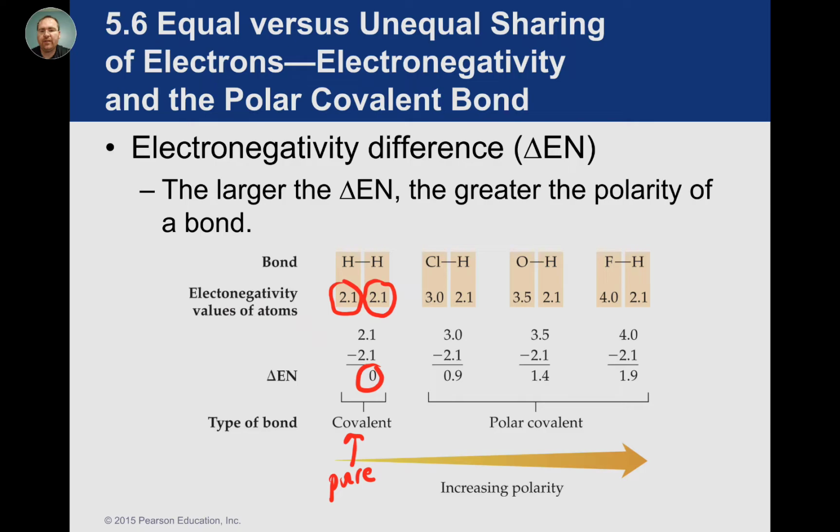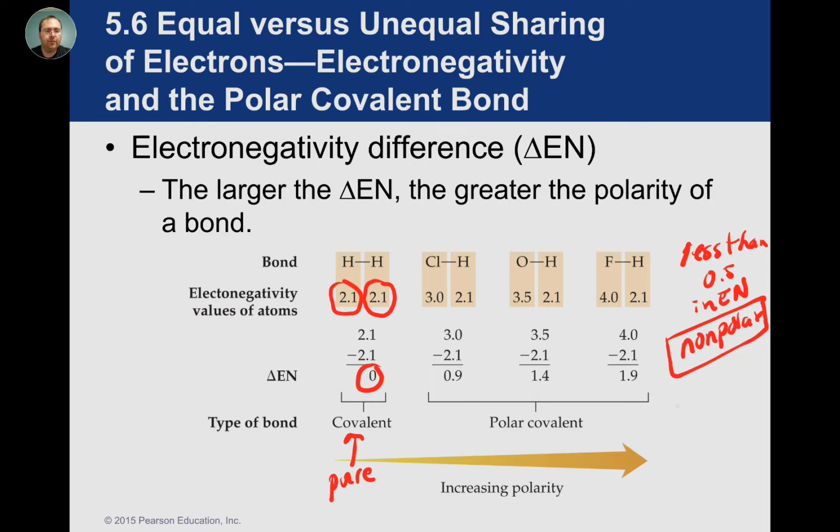When we say that it has no difference, if it's going to stay less than 0.5 in electronegativity, that's what we call a nonpolar bond. So anything that is less than 0.5 in electronegativity is a nonpolar kind of bond.